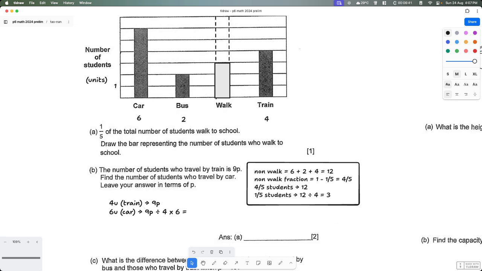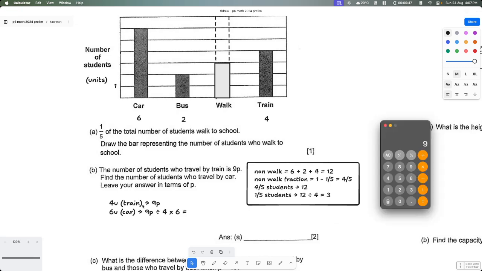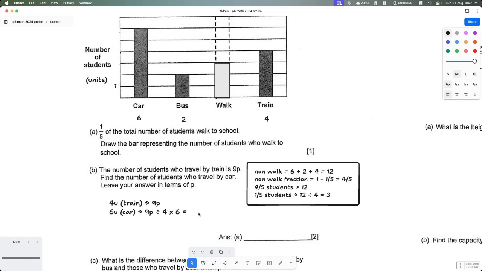So in this case, it's basically 9p divided by 4 times 6. This is 13.5p, 13 and 1 half p, right? Or you can put 13 and a half p, 0.5p also can, right? Doesn't really affect that much.